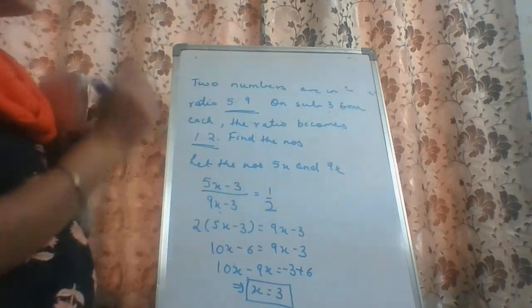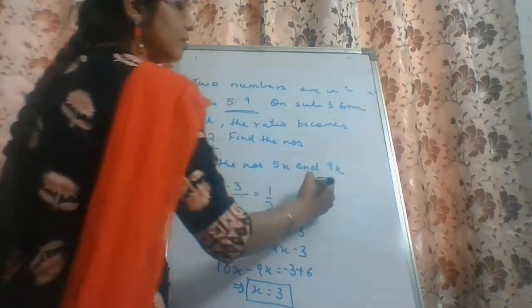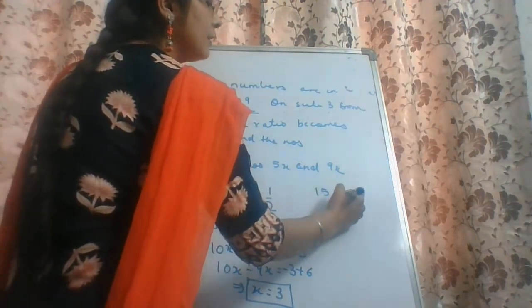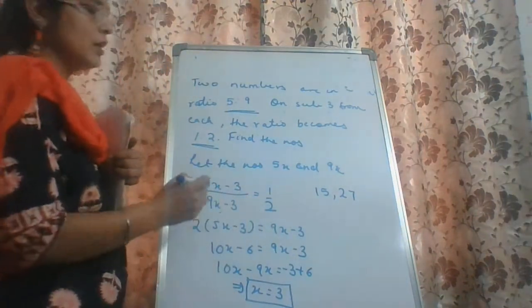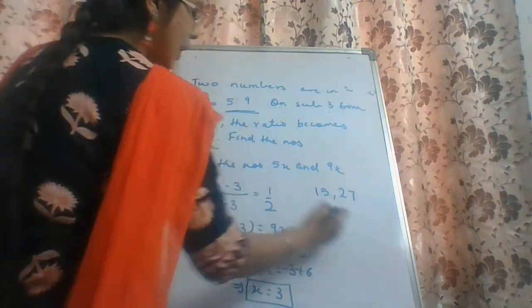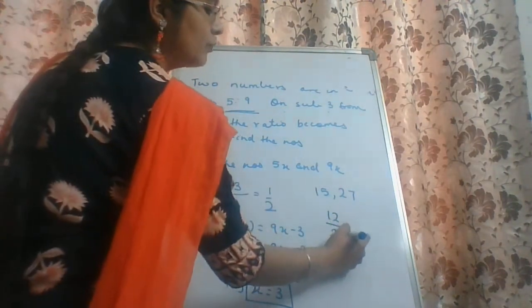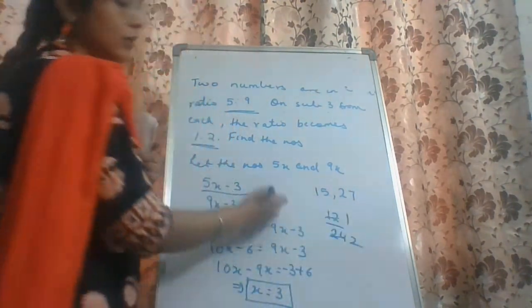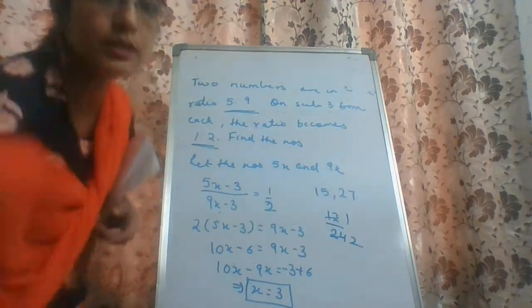If x is equal to 3, my numbers are 5x, that is 15, and 9x, that is 27. So subtract 3 from each according to the question, it becomes 12, and 27 minus 3 is 24, which is equal to half. So our solution is correct.